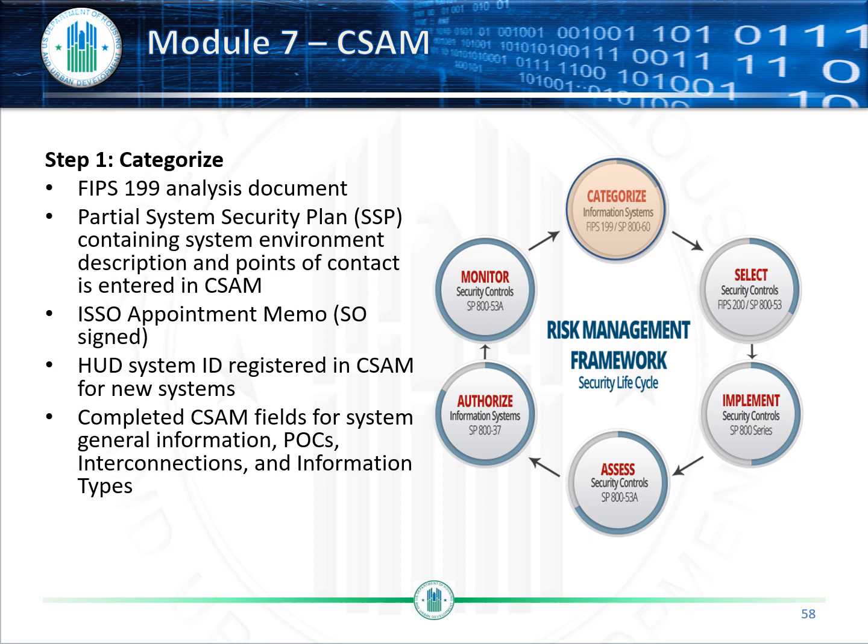These include the FIPS 199 analysis document, the partial system security plan or SSP containing system environment description and points of contact, the ISSO appointment memo, which is signed by the system owner, the HUD system ID registered in CSAM for new systems, and completed CSAM fields for system general information, points of contact, interconnections, and information types.